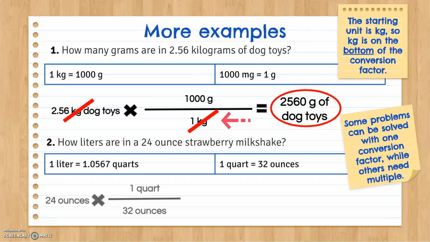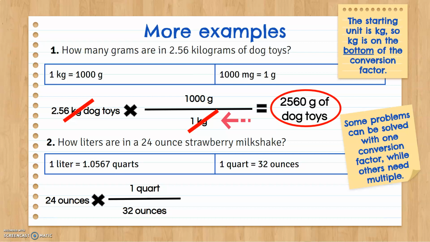So, I'm going to start with that 24 ounces, and I'm going to go ahead and cancel the ounces and turn them into quarts. Well, why did I put ounces on bottom? Because I want to get rid of them. Why did I go from ounces to a quart? Well, because that's the only conversion factor I had available with this data.